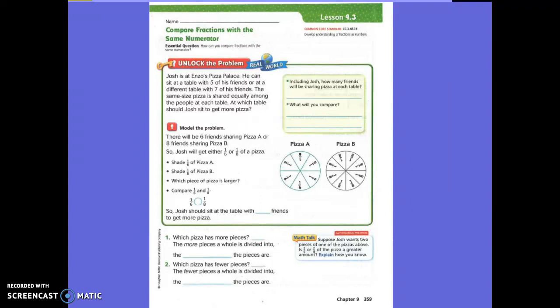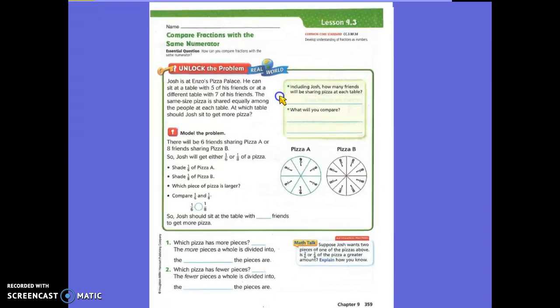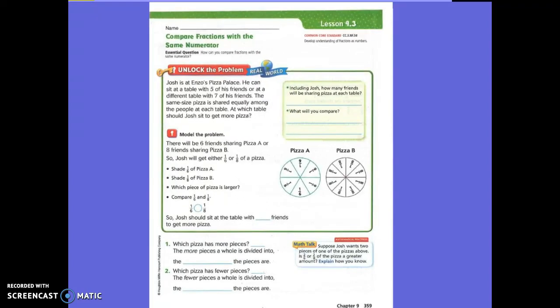Okay, so including Josh, how many friends will be sharing pizza at each table? So at the first table with 5 of his friends, how many people would be sharing it if he was with them? Savannah? Yes, 6 friends.